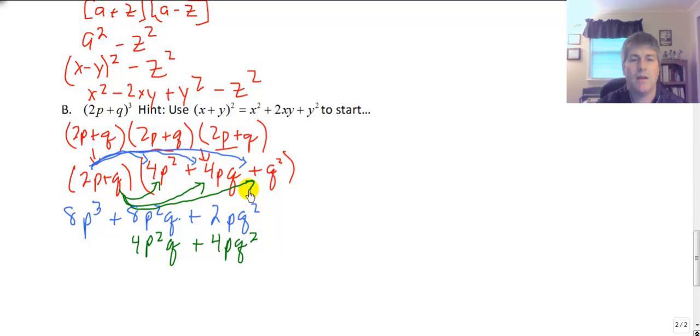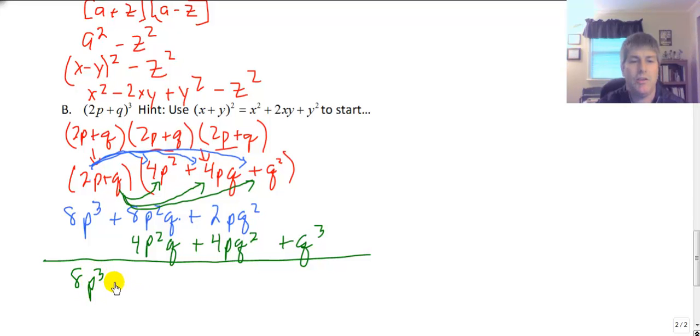And then finally, q times q squared is q cubed. So I've lined up my terms vertically, so my like terms are all matched up. My final answer, 8p cubed plus 12p squared q plus 6pq squared plus q cubed.